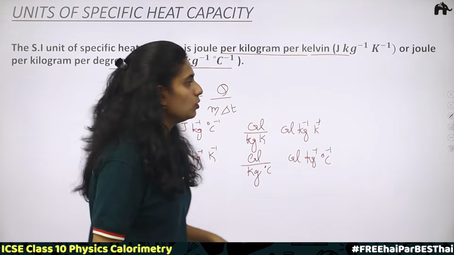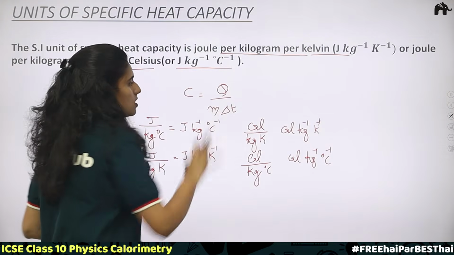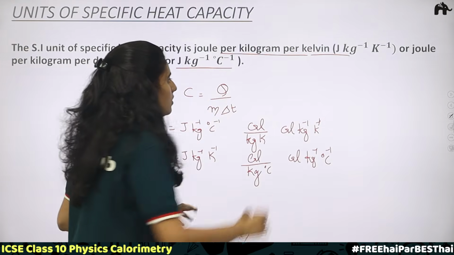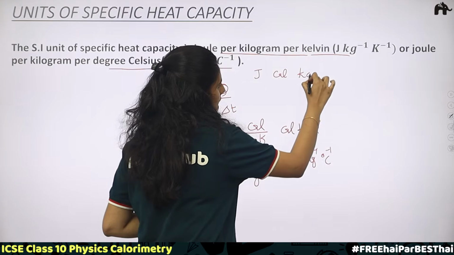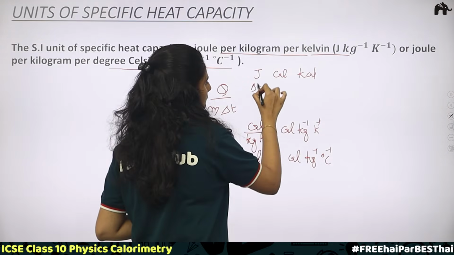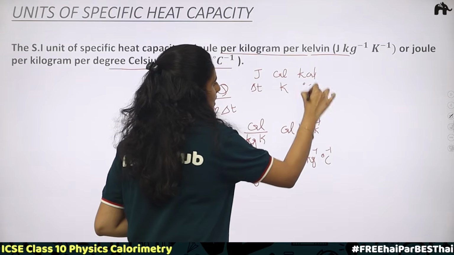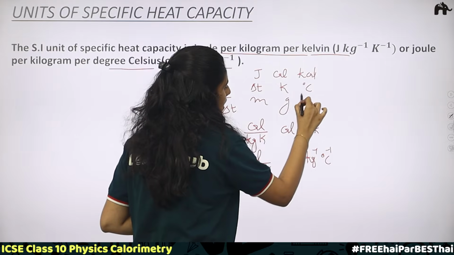That is changing the units: the possible units of heat, mass and temperature. For heat, you can have units joules, calories or kilocalories. For the rise in temperature delta T, you can have units Kelvin and degree Celsius. For mass, you can have units gram and kilogram.